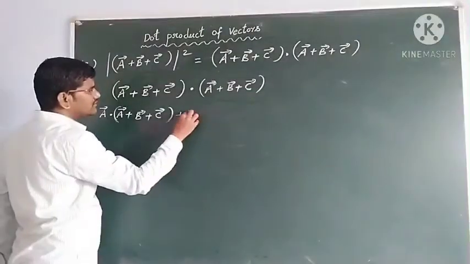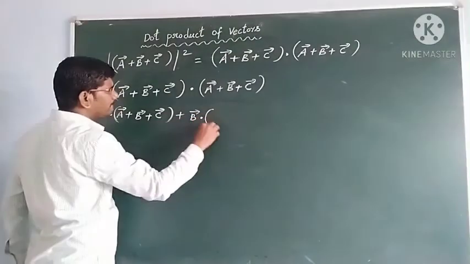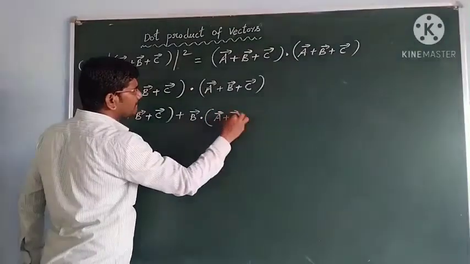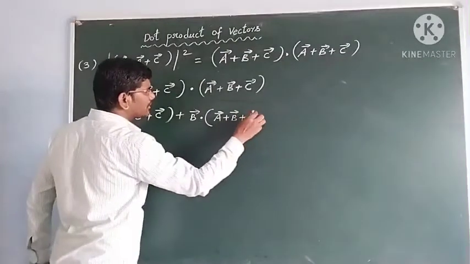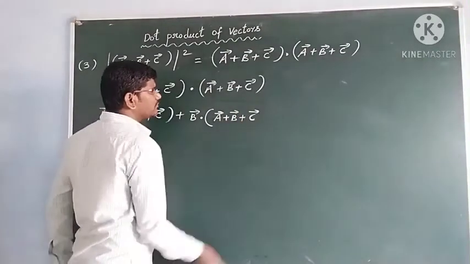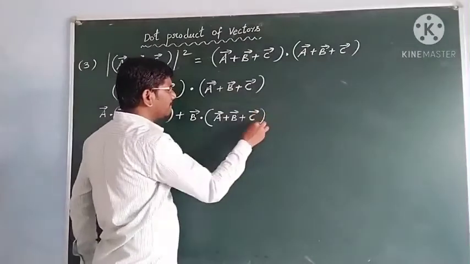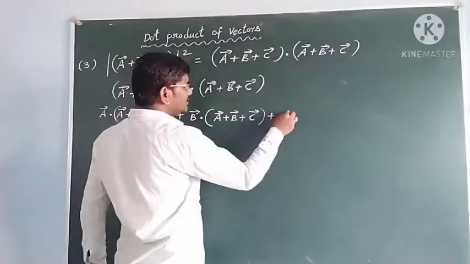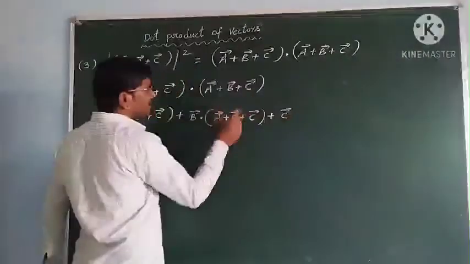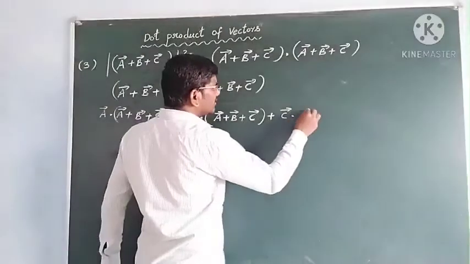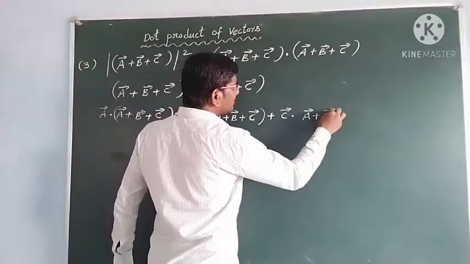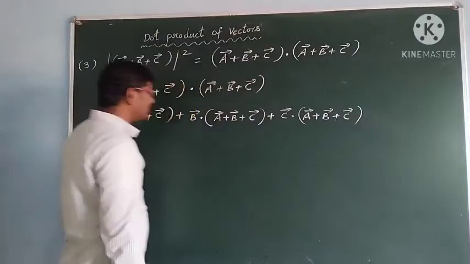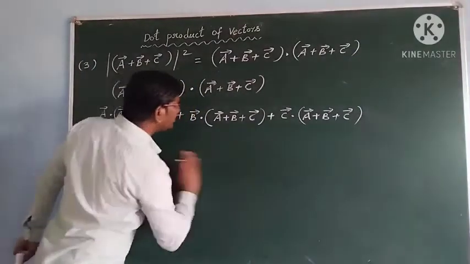Similarly b bar dot a bar plus b bar plus c bar, with b bar you are multiplying. Similarly, with c bar. So again write the entire thing, a bar plus b bar plus c bar. Okay, then you multiply. What will you get?